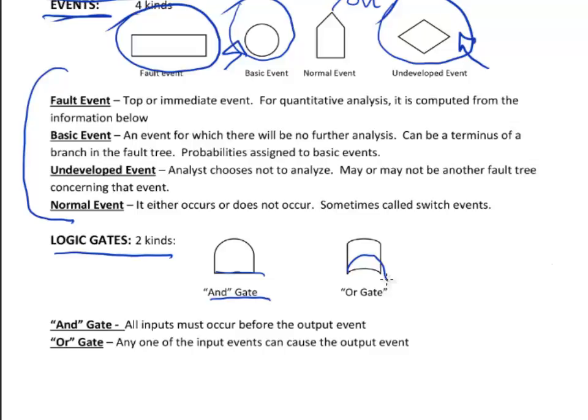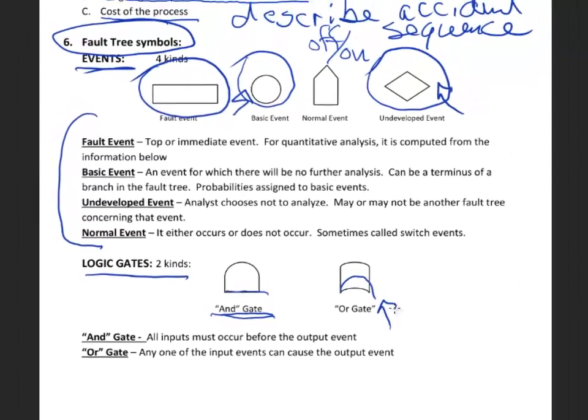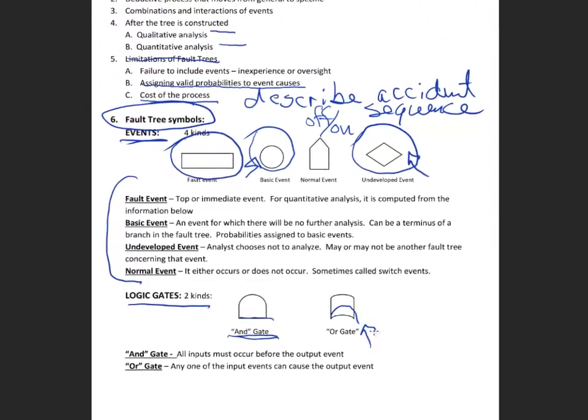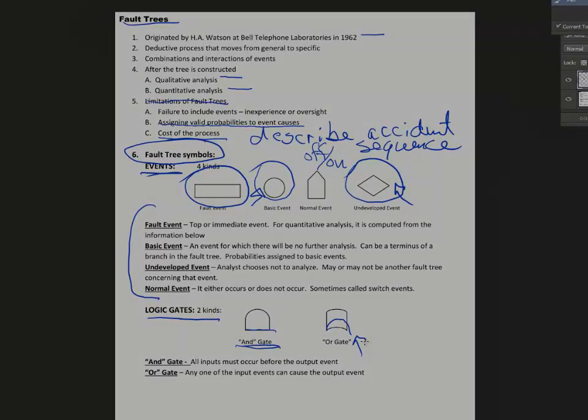Sometimes an accident can be caused by two events combining together, and for that we would use, of course, an AND gate. Sometimes one thing or another thing could cause an event, and that would be an OR gate. Now, interestingly enough, all of these can be quantified. Very, very useful tool. Again, we're not going to do that today, but keep in mind that there are qualitative and quantitative analysis that can be done with fault trees.